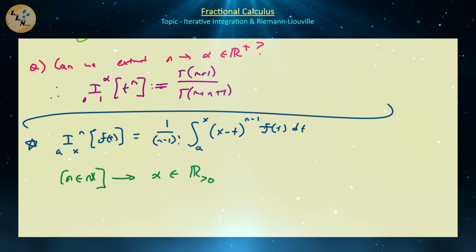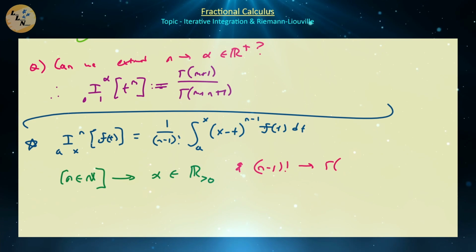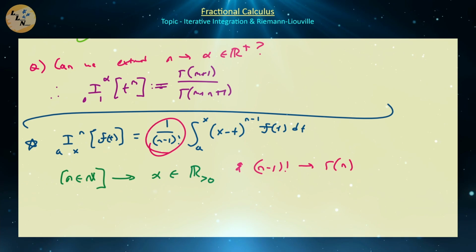Technically, we're going to assume that alpha is greater than 0 because the zeroth integral or the zeroth derivative of a function should be the identity operator, so it shouldn't be doing anything to that. So we're going to extend that via this approach, and we're going to be extending the factorials via the gamma function because we have that present in this particular expression.